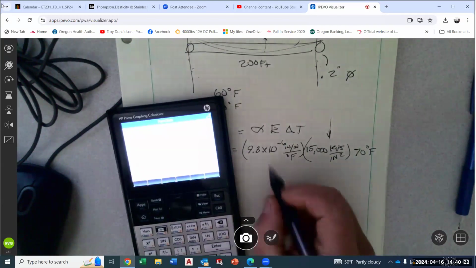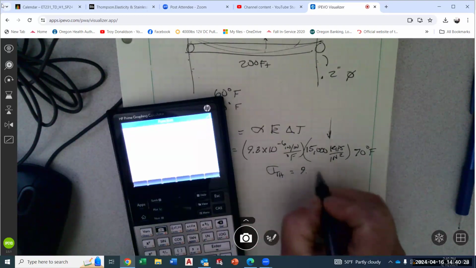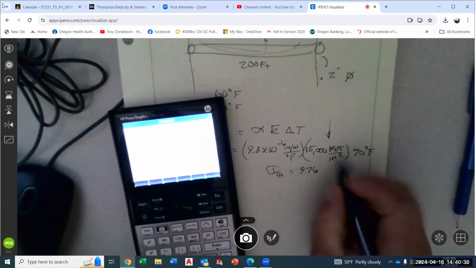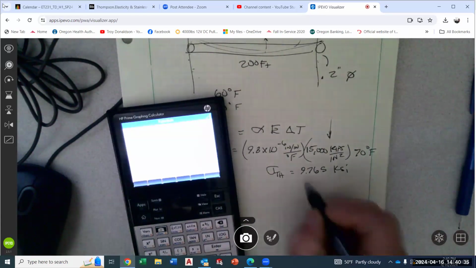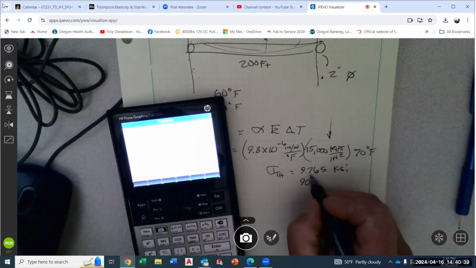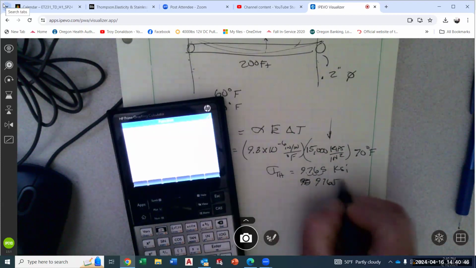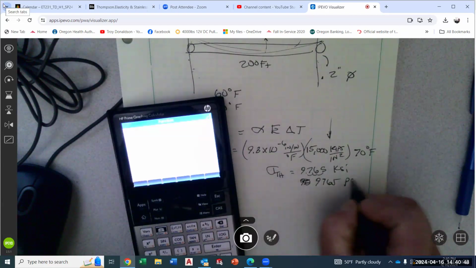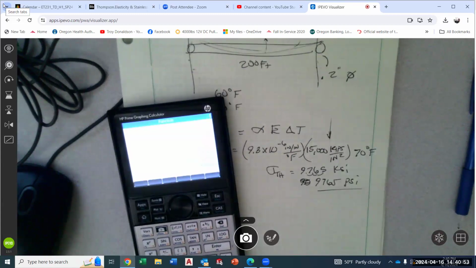So I'm getting thermal stress of 9.765 KSI, or 9765 PSI.